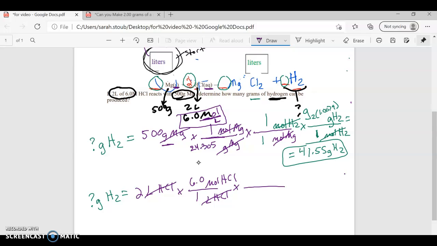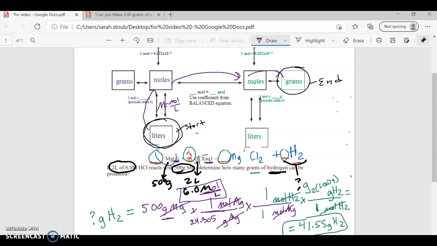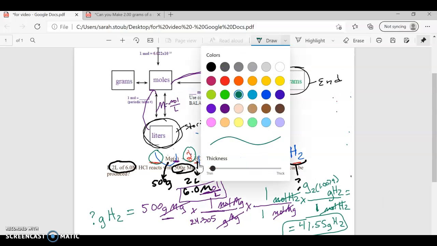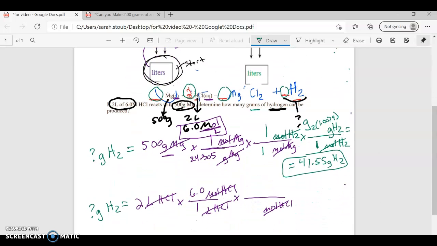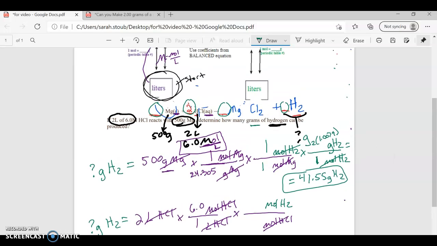Now I want to get out of moles of HCl, so I'll put that on the bottom. That way it'll cancel. And I'm trying to do my second step. I'm going into moles of my different substance. My different substance here is my green stuff, which is my hydrogen. So I'll put moles of hydrogen on top. Just like before, I want to use the coefficient in the balanced equation. In other words, hydrogen here is that 1, and HCl happens to have that 2 there. So I'll put the 2 in.